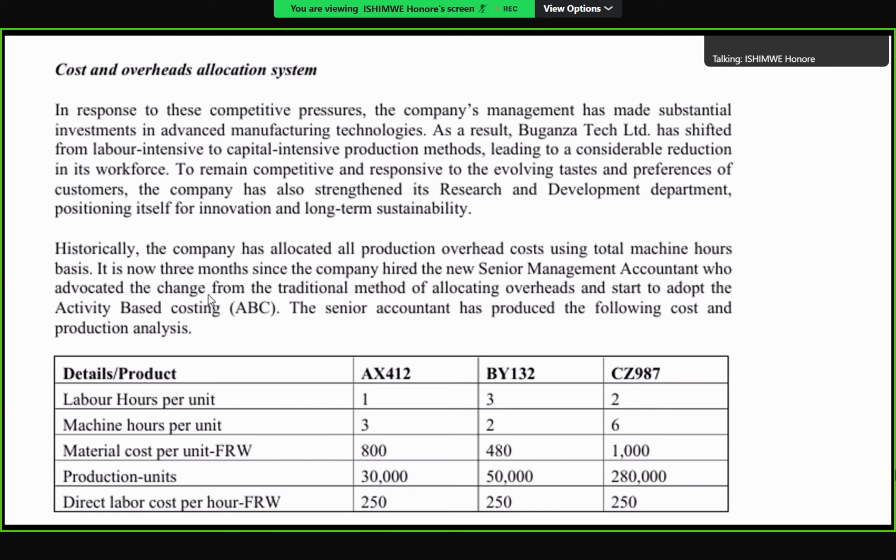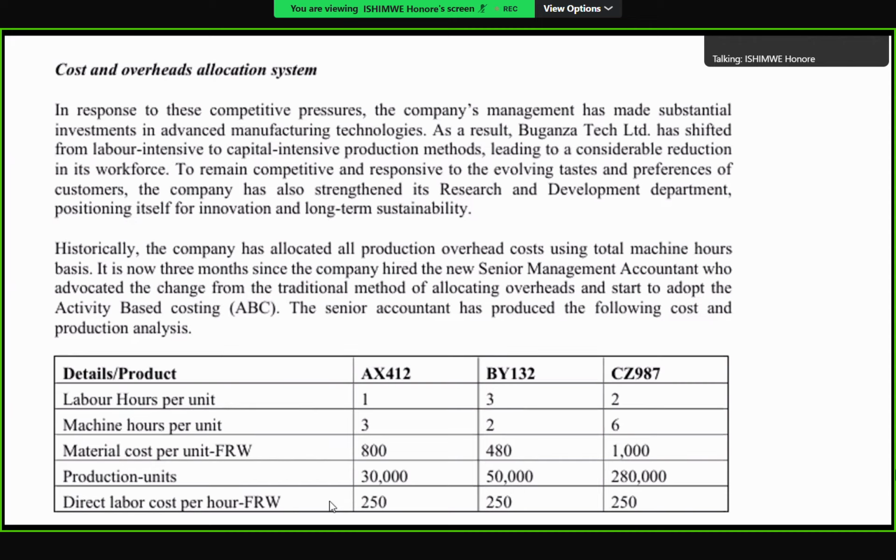Sorry for that interruption. So I'm saying, details and the product. We have labor hours per unit, machine hours per unit, material cost per unit, and this is production in units, and the labor cost per hour in Rwandan francs.